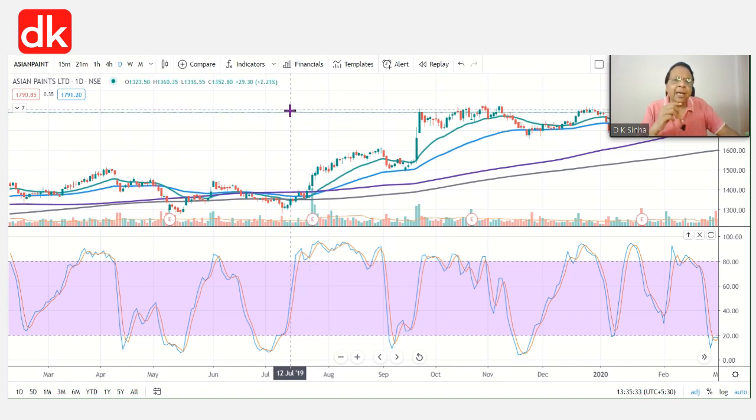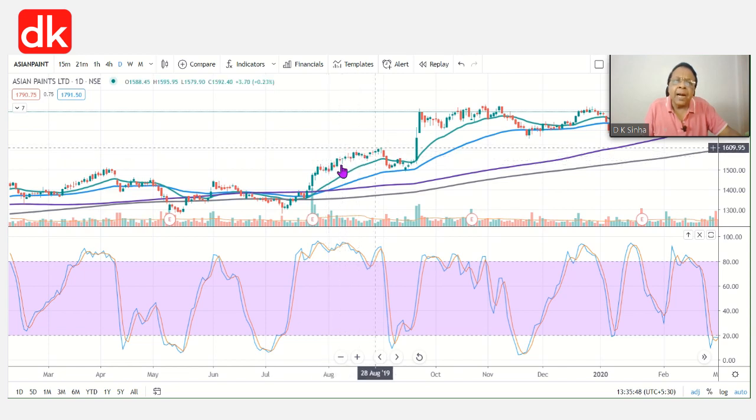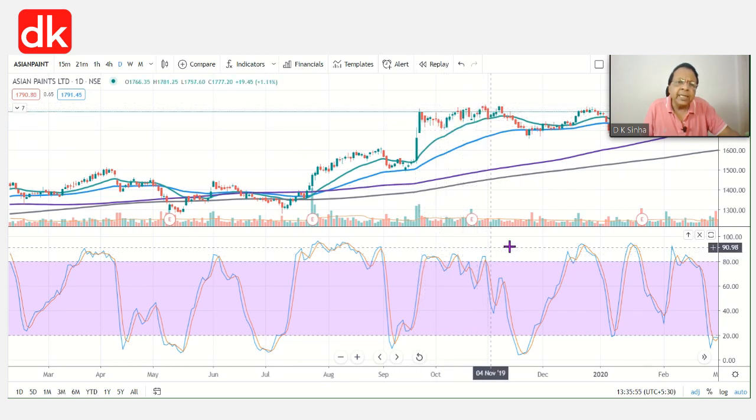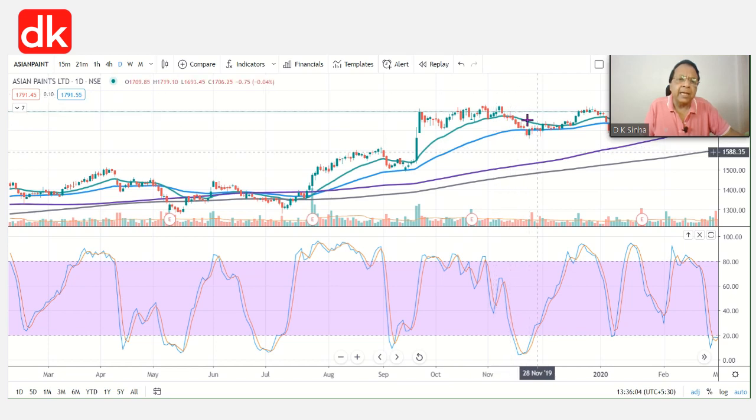And stochastic works as a tool. It's a momentum indicator, so it can be used to check the divergence also, as we do with the RSI. Here you can see the market was a little overextended during this period or even during this period, and you can see the negative divergence in RSI, which indicated a correction is due and market has corrected.